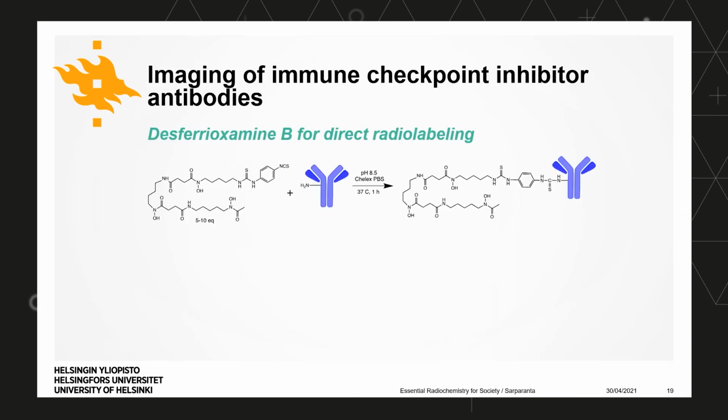So to finish with, I want to show one alternative strategy, which is immunoPET imaging, as an alternative to both transgenics and whole cell labeling. This is an example from my recent work. Here we used desferrioxamine B, which is the bacterial siderophore, a chelator for zirconium-89, to modify an antibody.